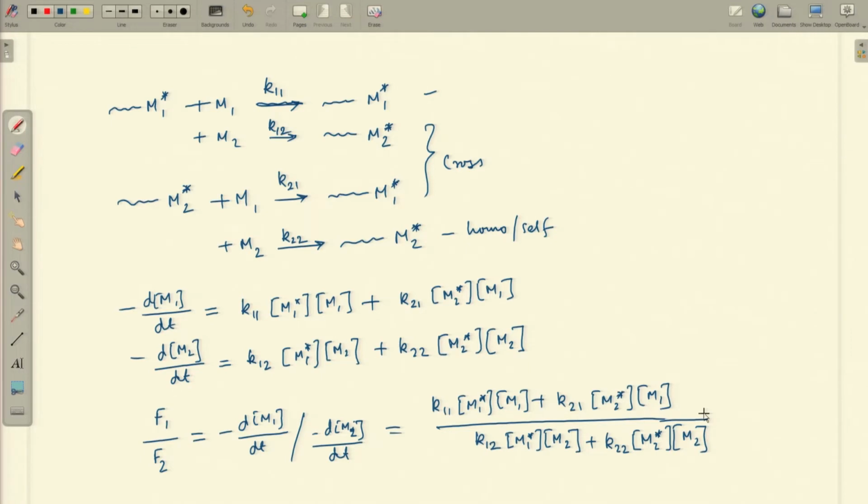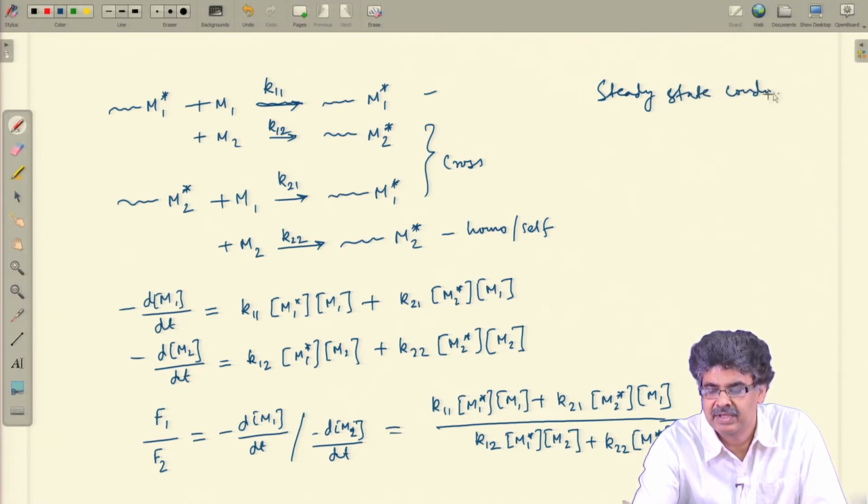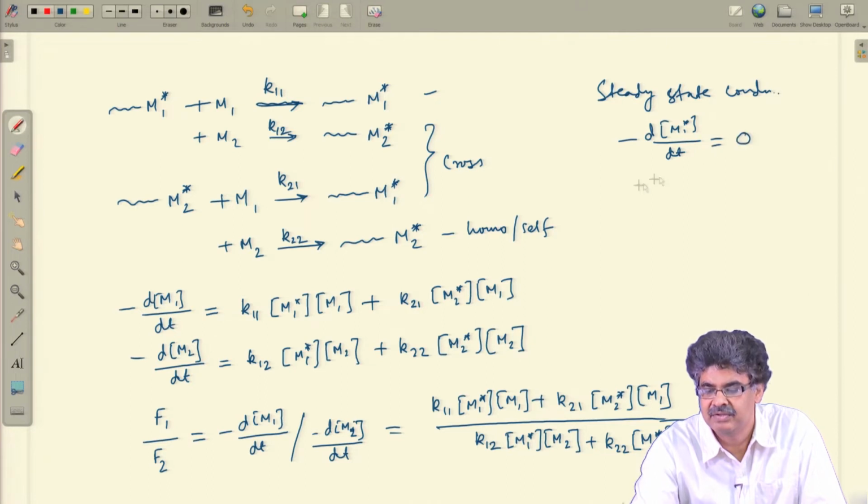Now, if we write the steady state condition, then the rate of change of this active species, d M1 star by dt, is 0. Similarly, d M2 star by dt is also 0.